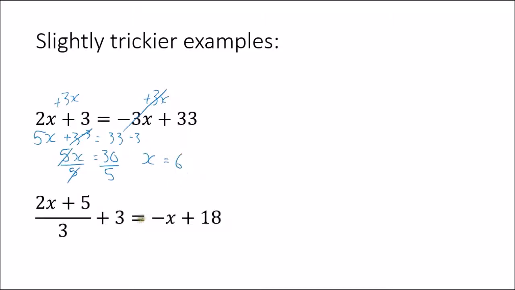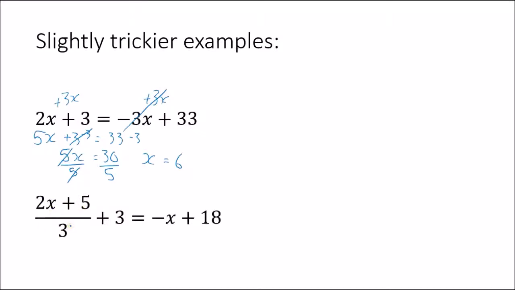Now, this next one is a little bit trickier. I've thrown this in here just to combine a few of the ideas that we've talked about and to show you that we can deal with things in lots of different ways. Now, if you remember, we're going to do our order of operations in reverse when we're solving. Now, I would like to get my x's together, but this is a horrible mess that I need to sort out first. So I need to sort out all these denominators and stuff.